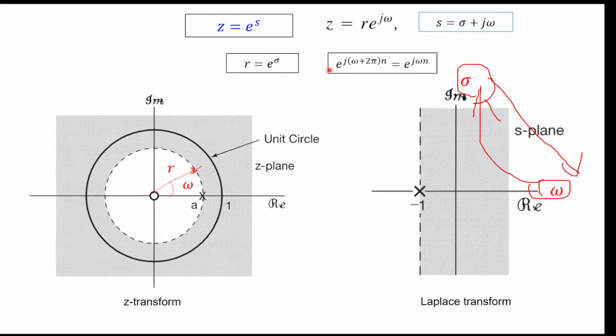And algebraically, it's this equation: e to the j omega plus 2 pi times n equals e to the j omega n. So this is the thing we keep talking about. If your signal is discrete time, then in the frequency domain, your signal is periodic with period 2 pi.